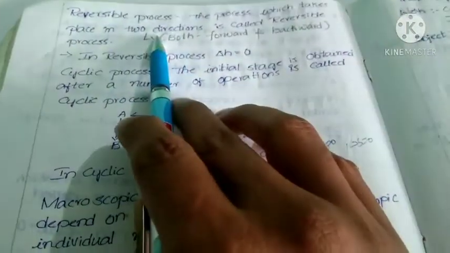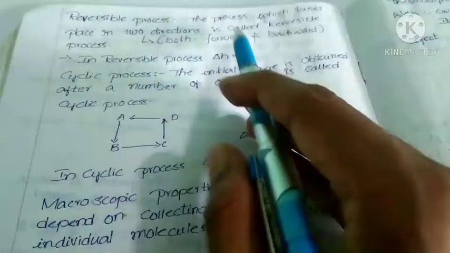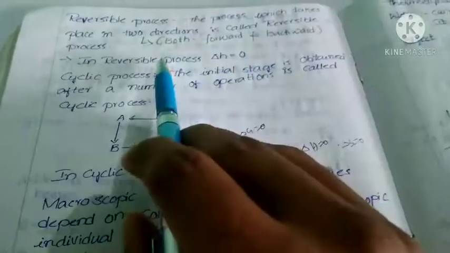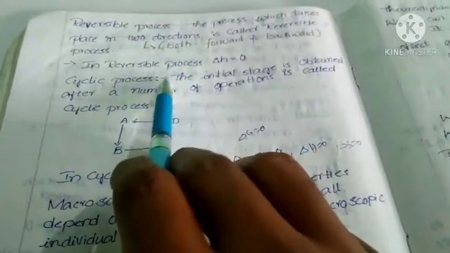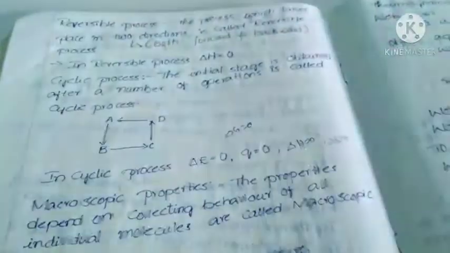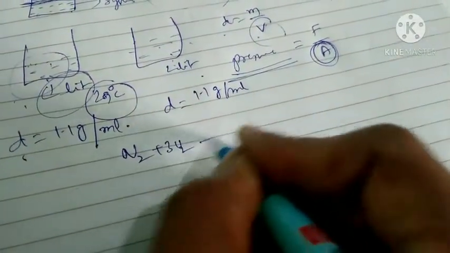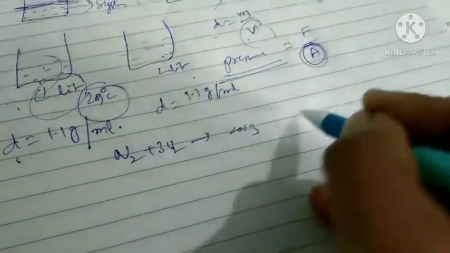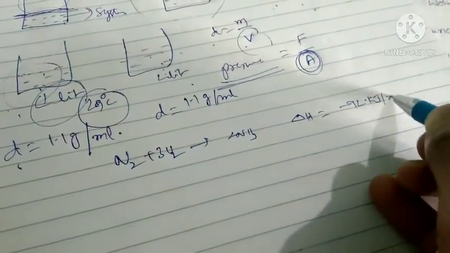Next one, reversible process. Irreversible means one direction. Reversible means two directions. That means from system to surroundings or from surroundings to system. Nothing but both forward and backward. That is called reversible. Next, in a reversible process, delta H is 0. This is a very, very important point. Suppose I take this reaction, N2 plus 3H2 gives rise to 2NH3. For this reaction, this much amount of heat will be released.